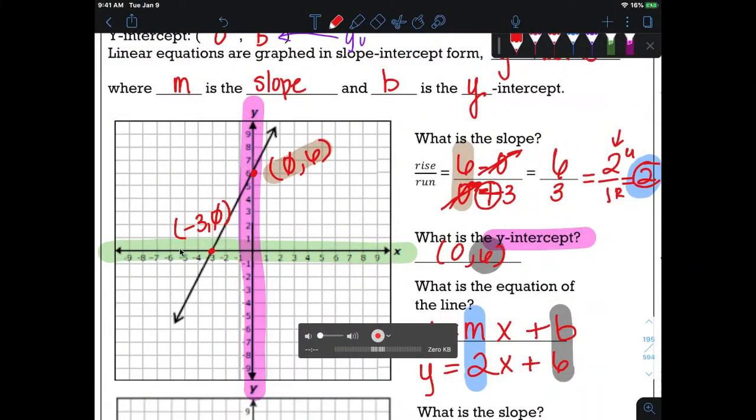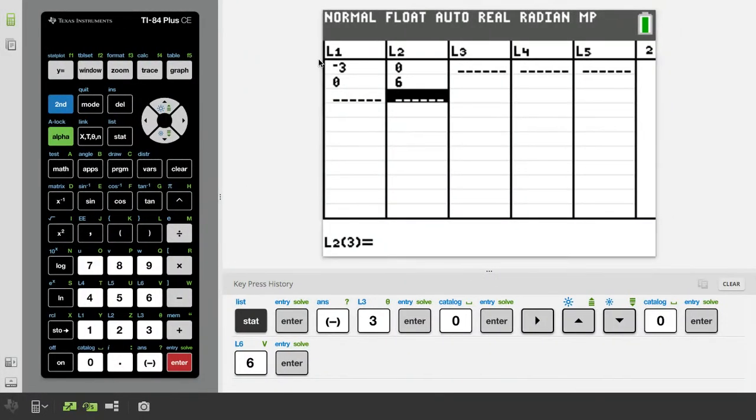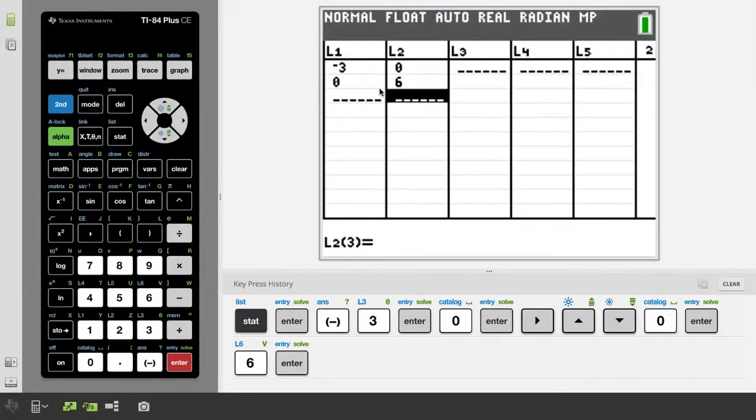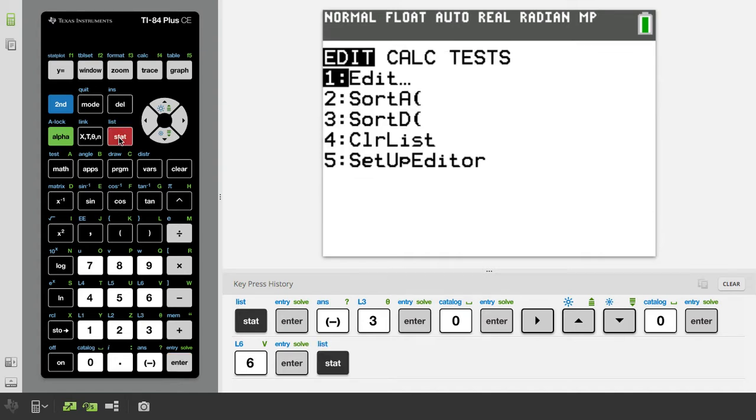So -3, 0 is still paired. 0, 6, still paired together. Now that we have that, we can go ahead and get our calculator to find the equation for us. Even if we just wanted the slope, we could still use the same exact thing. I'm going to hit Stat.